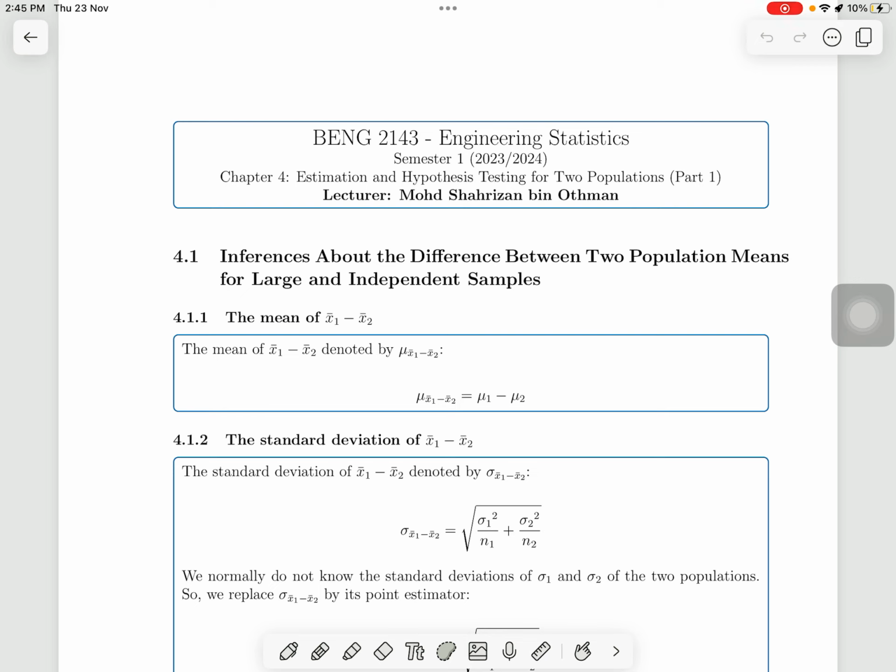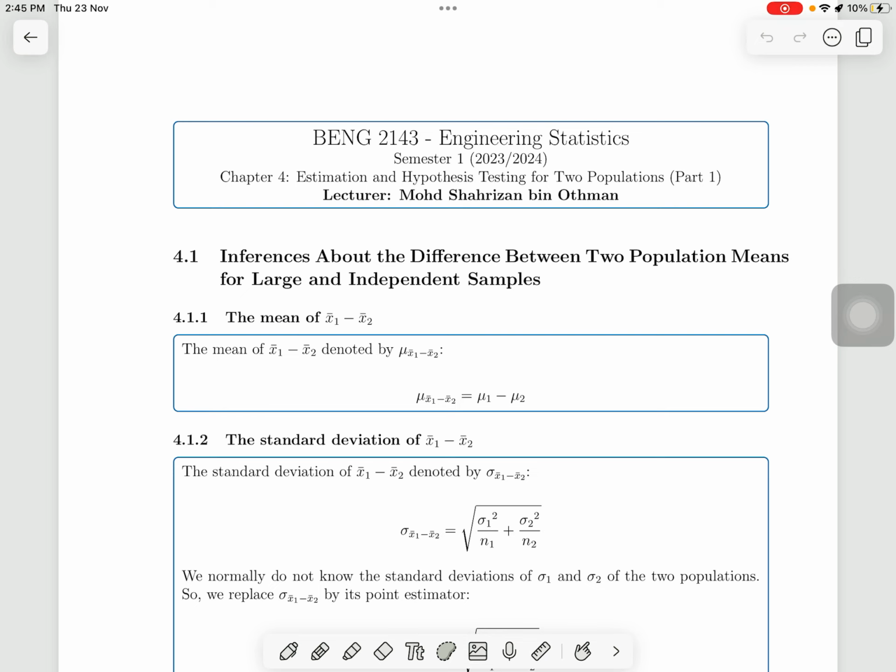Dependent sample is about before and after, the same group, where we study before and after. So the same goes to population. We will study about the mean of x bar 1 minus x bar 2.